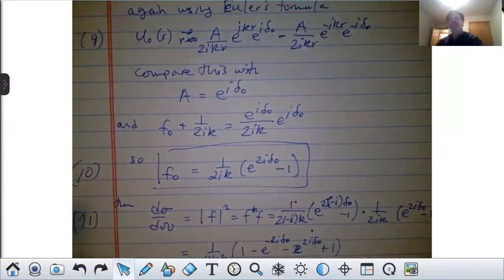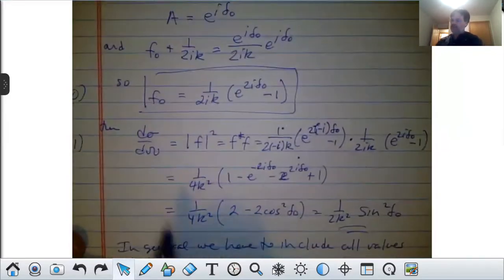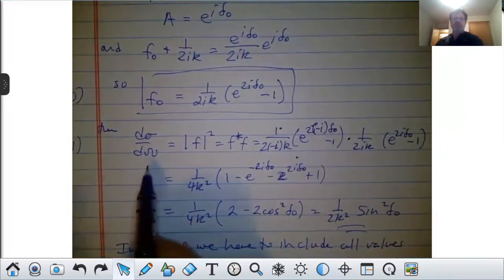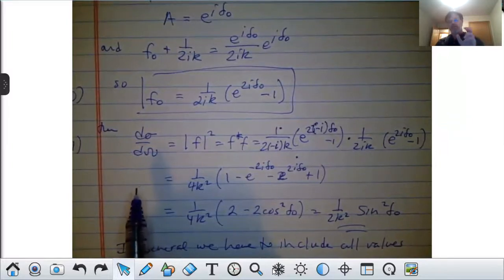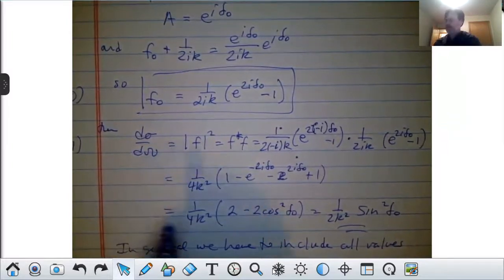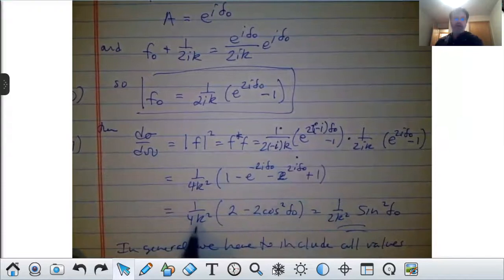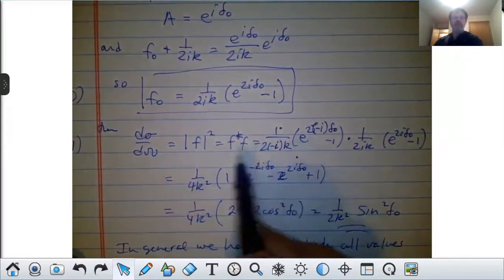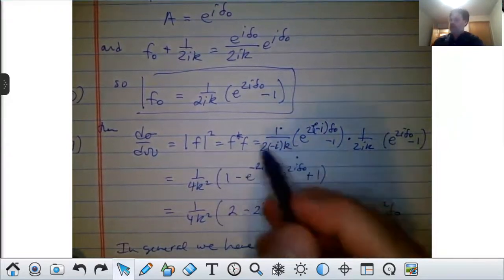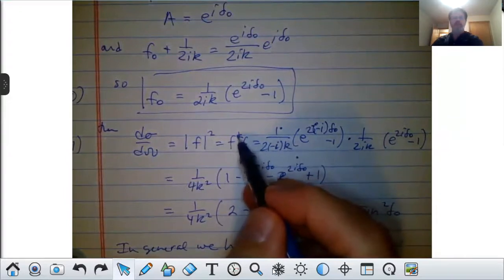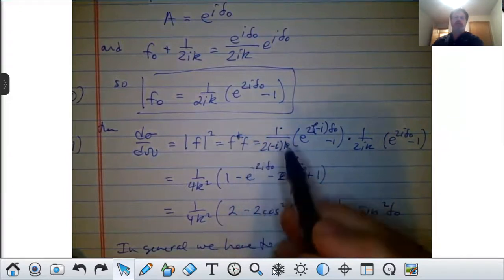Now, recall, I've got my S wave scattering amplitude. The differential cross section for that S wave part, only for L equals 0, is the square of the scattering amplitude. By square, I mean you take the complex conjugate times the function itself.